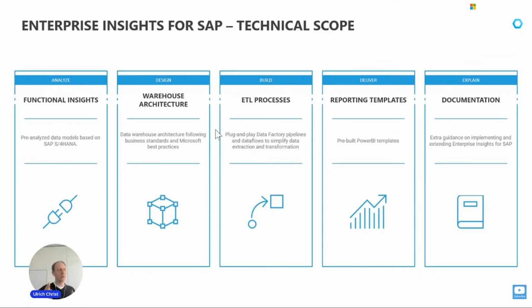The purpose of Enterprise Insights is manifold. First of all, it accelerates the use of SAP data and the time to value when it comes to leveraging your SAP data, right? You can basically install this and get access to your SAP data right away. You can visualize it out of the box.